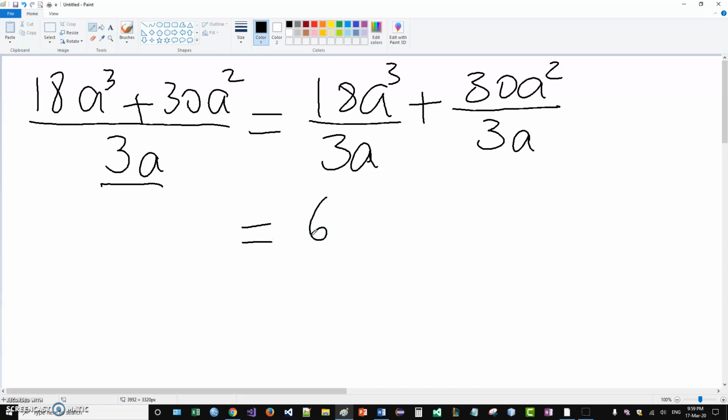A cubed over a is a squared, plus 30 over 3 is 10, and a squared over a is just a. So that would be our answer. As you can see, you divide each term by the monomial in the denominator.